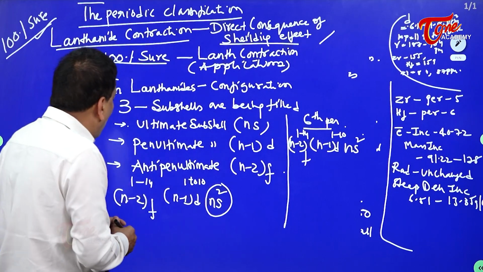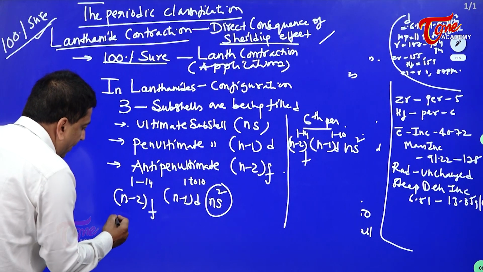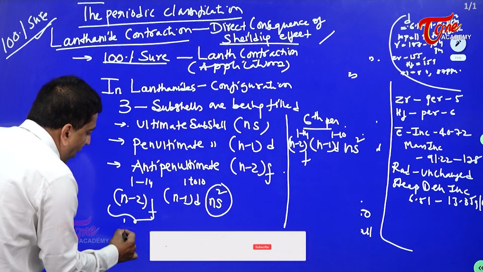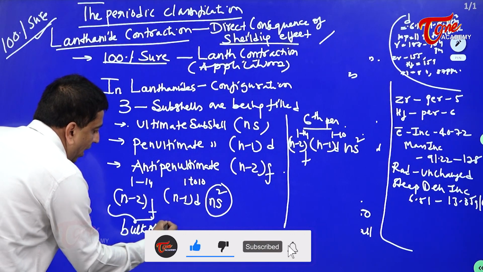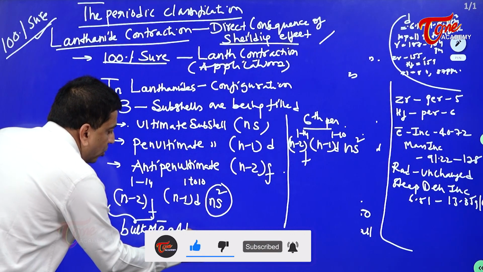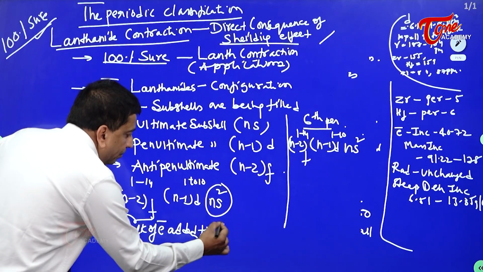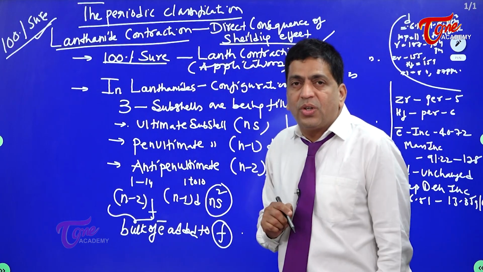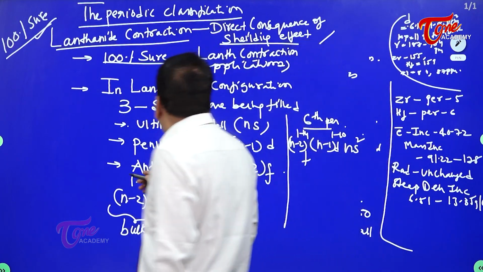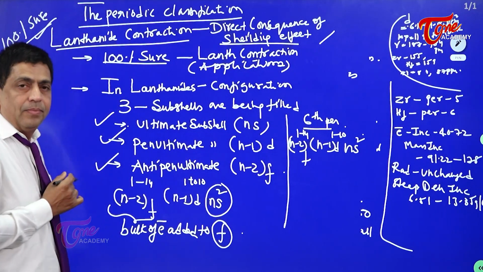Then watch carefully, in all these, the bulk of electrons are added to F. In lanthanides, there are 3 subshells being filled: ultimate, penultimate, and anti-penultimate.